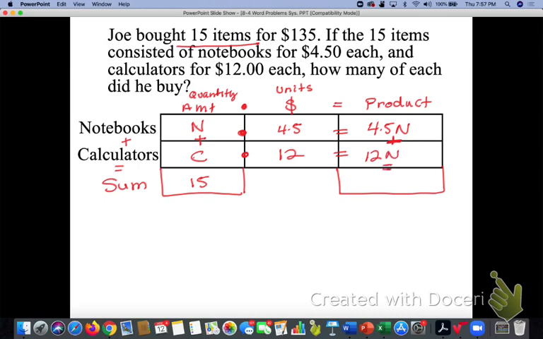And now, do we have a total cost? This would be total cost, and this is the total quantity. Okay, so my total cost would go in this box.